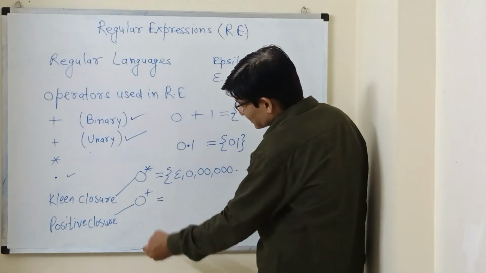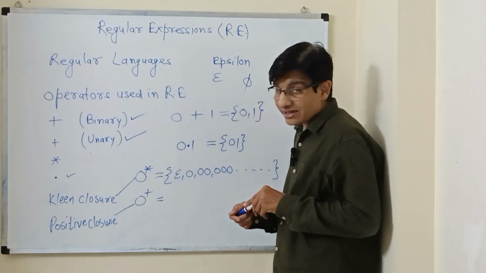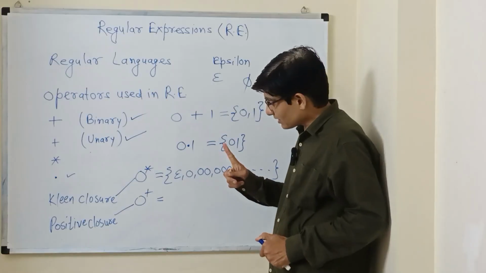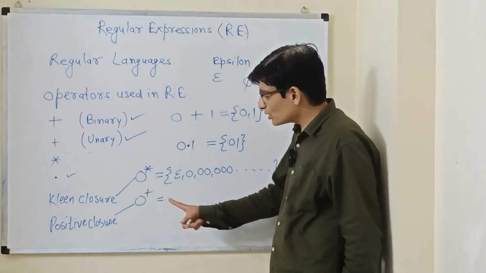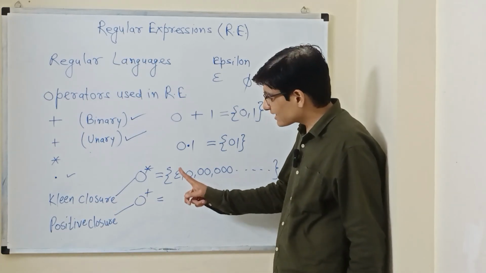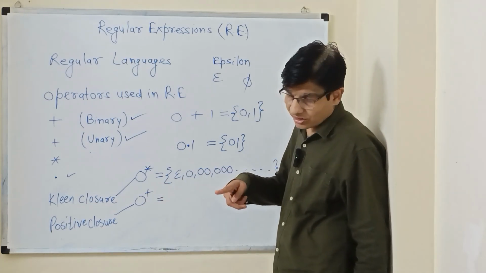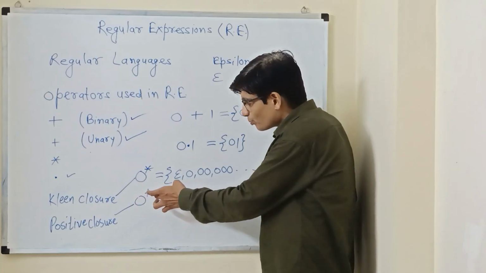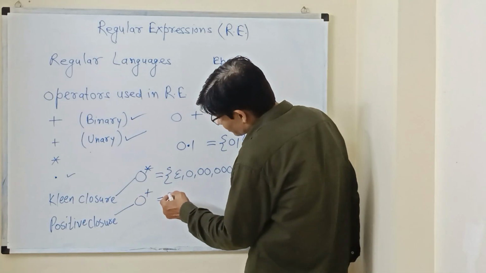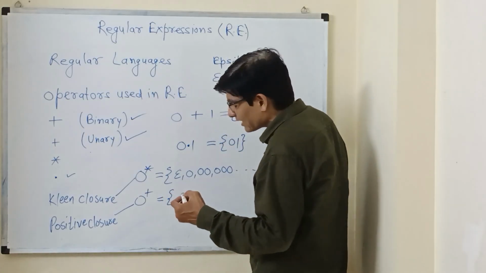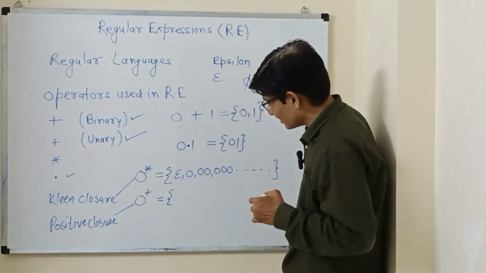In case of positive closure, there must be at least one occurrence of the symbol. As we are having positive closure of 0, there must be at least one occurrence of 0, then it can have any number of zeros simultaneously.